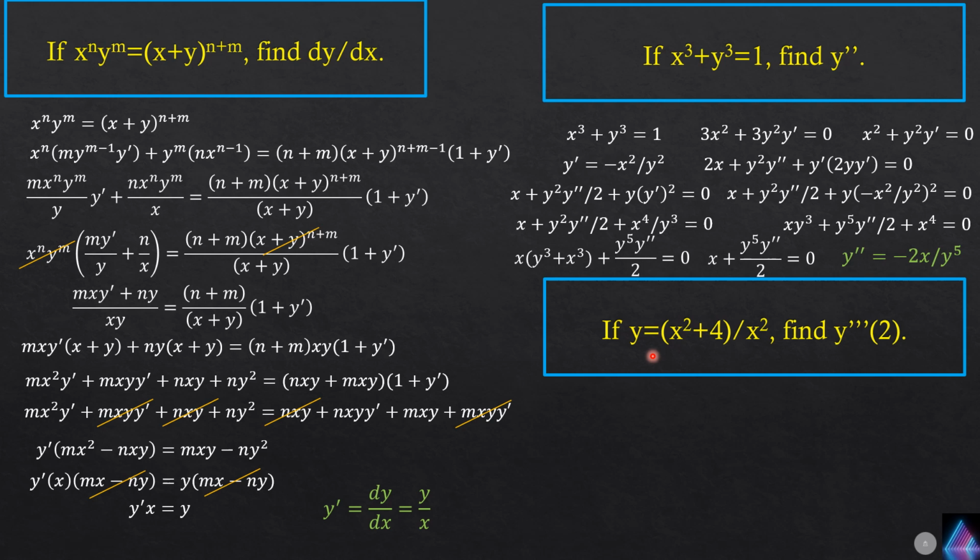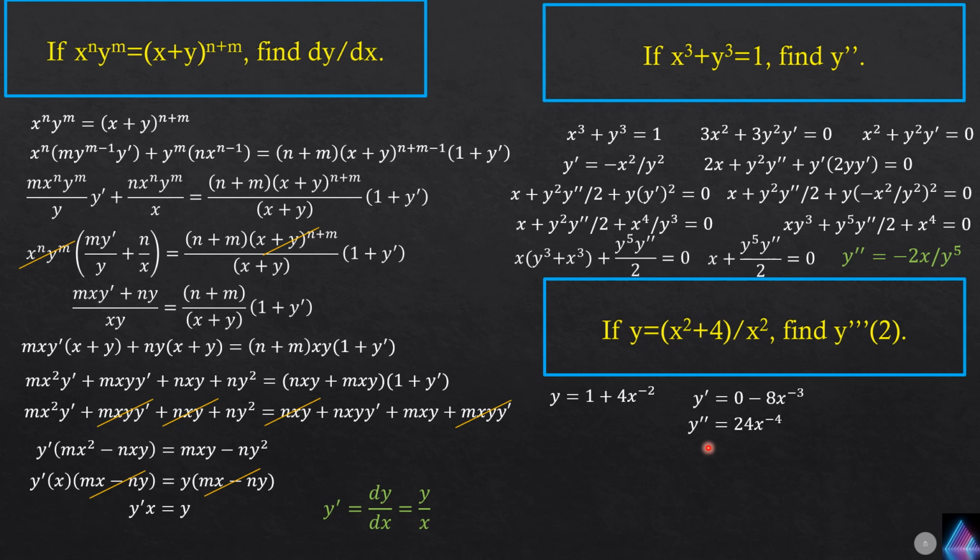Then problem 3, if y equals (x squared plus 4) over x squared, find the third derivative of y at x equals 2. We write this into x squared over x squared, which is 1, plus 4 over x squared, which is 4x to the negative 2. So first derivative is negative 8x to the negative 3. Second derivative is negative 8 times negative 3, so 24x to the negative 4.